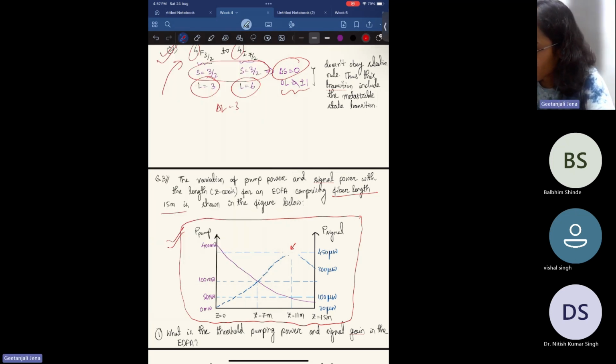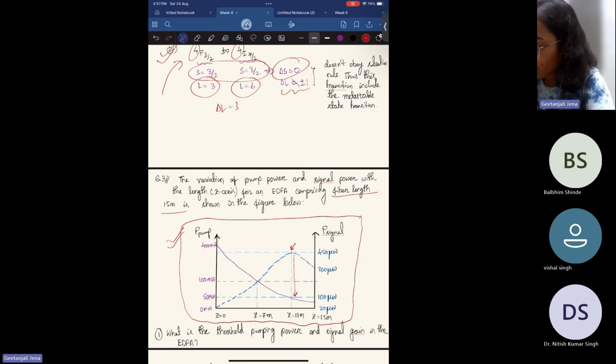So if you want to find out the threshold pumping power, we have to take the pump power at this maximum signal power. If you see this maximum signal power, it is intercepting at this level.